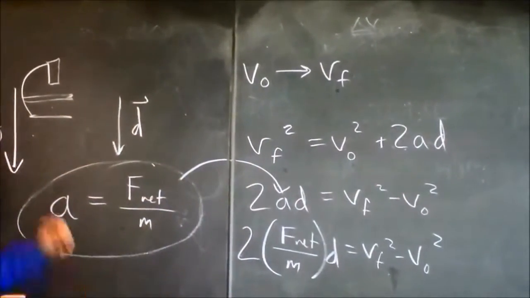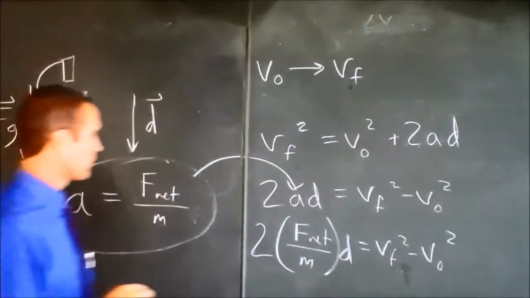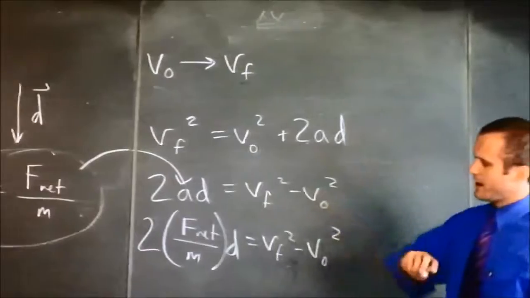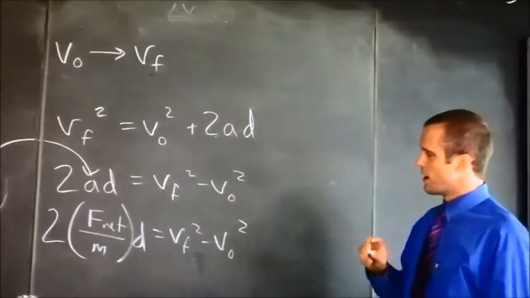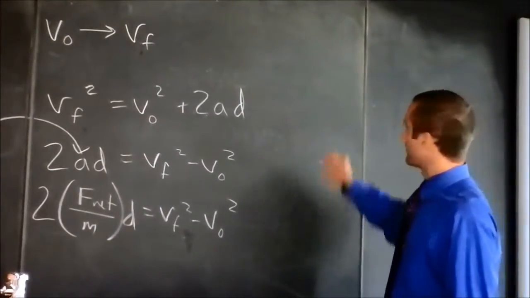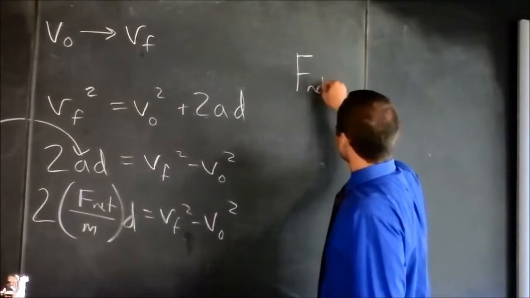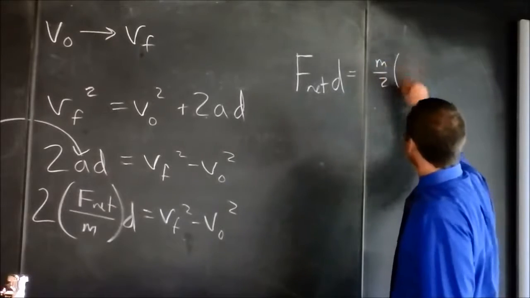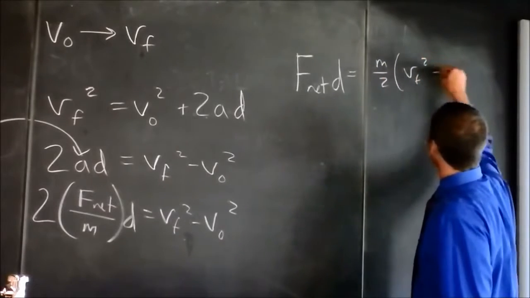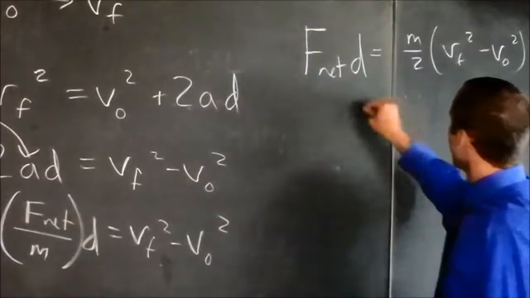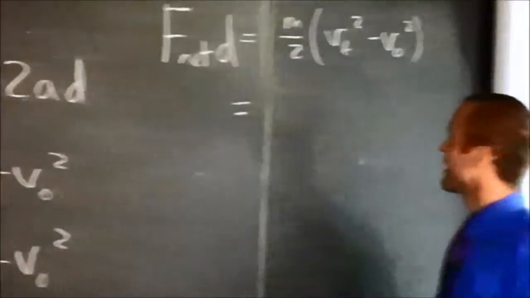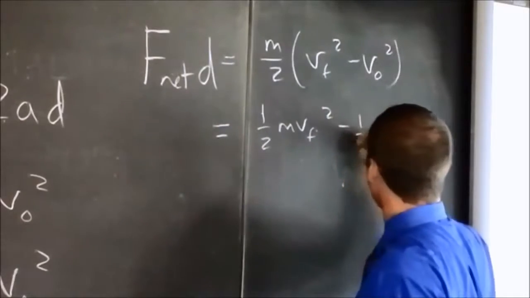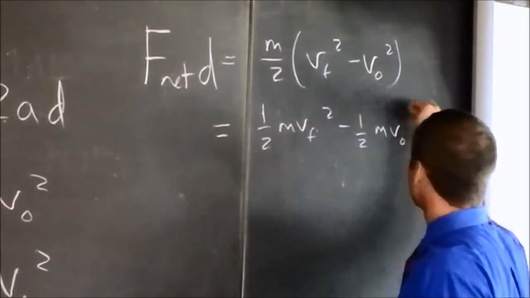And now a slight rearrangement of this equation: I'll divide by 2 and multiply by m. And I'll get F net times distance is equal to m over 2 times v final squared minus v initial squared. And see what's coming? I get 1/2 m v final squared minus 1/2 m v initial squared.